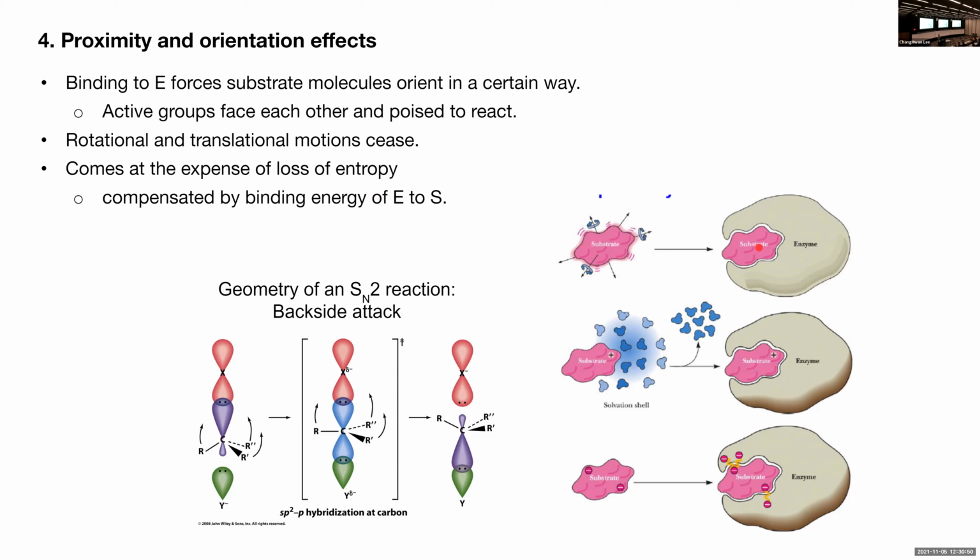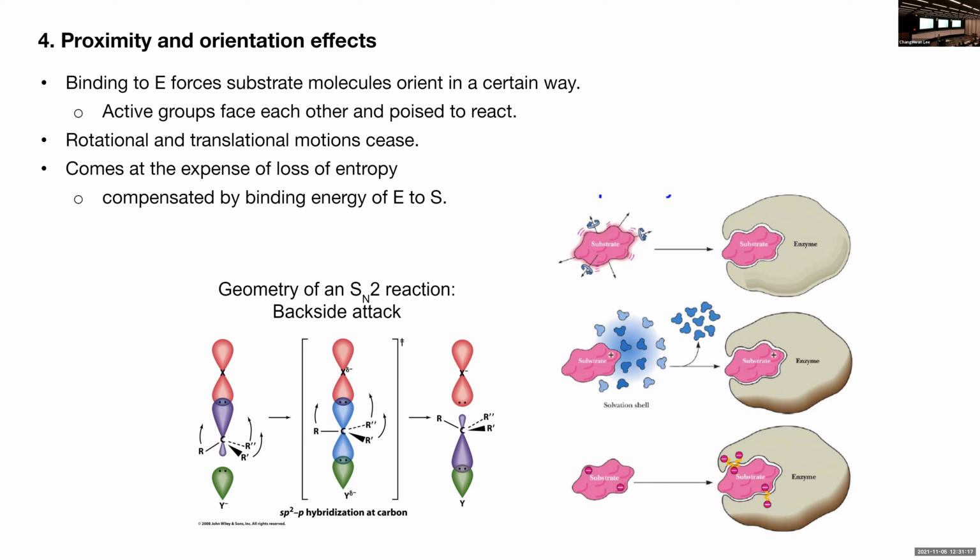And this is a kind of bad thing when you think about the entropy, because the molecule wants to just move everywhere, flow everywhere, right? But it's basically restrained inside the active site of the enzyme. So it'll lose entropy, meaning that the entropy goes down, and that is unnatural, or entropically not favorable.